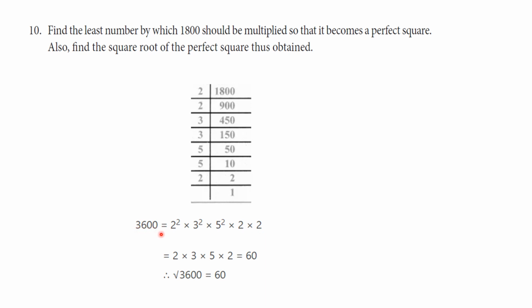What is the square root of 3600? From each pair you take one number: 2 squared means 2, 3 squared means 3, 5 squared means 5, 2 squared means 2. If you multiply these numbers, you get 60. So 1800 should be multiplied by 2 to get the perfect square 3600. Square root of 3600 is 60.